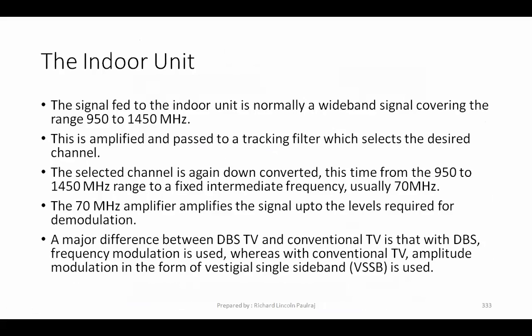And this will help us in selecting the desired channel. The selected channel is again down converted from the 950 to 1450 megahertz range to a fixed intermediate frequency, which is about 70 megahertz. So this is nothing but your IF, okay.